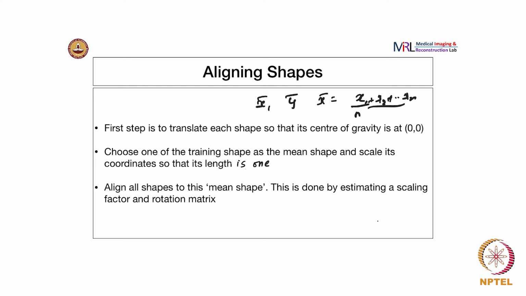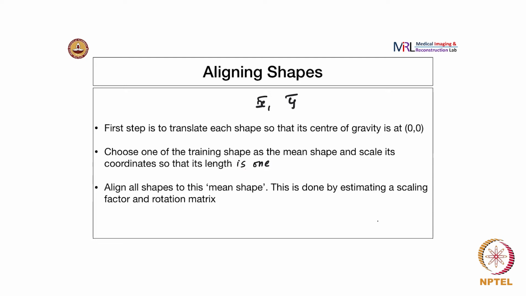So x bar and y bar are calculated as the mean of the x coordinates and the mean of the y coordinates, and then you subtract that out from the individual coordinates.